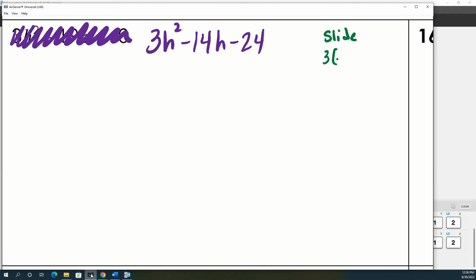So for slide, we're going to multiply that 3 by negative 24, and we are going to get negative 72. So then we just rewrite the problem with the 3 not there anymore, and 24 has been transformed into negative 72.